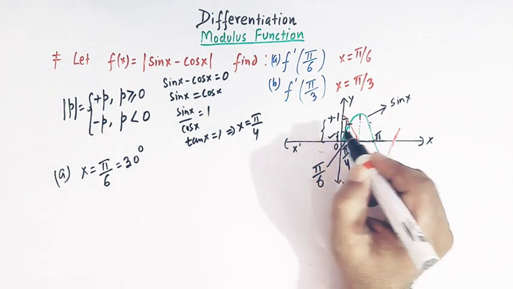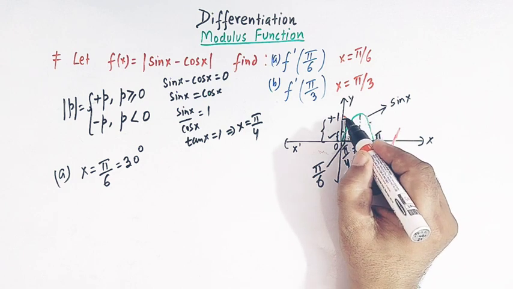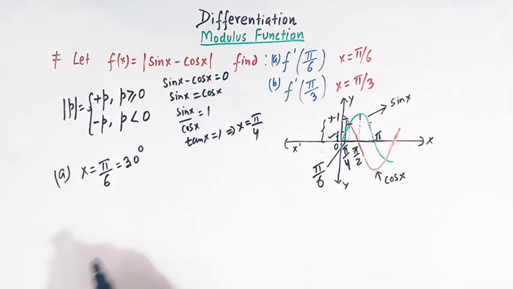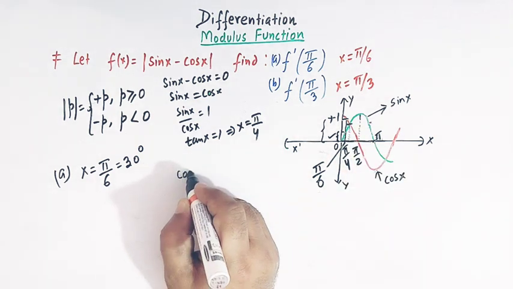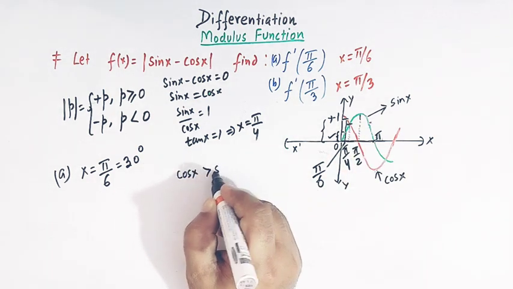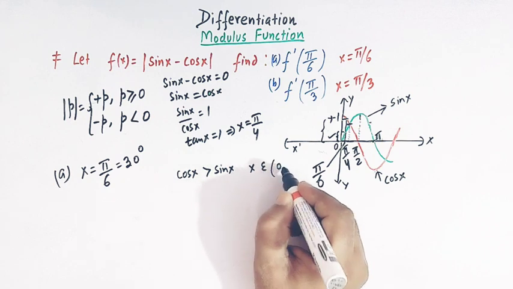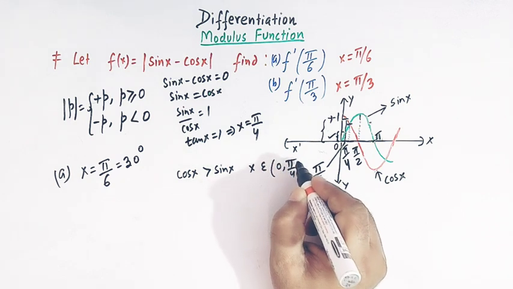So this value is representing the value of cosine x, right? So cos x is greater than sine x when x belongs to the interval 0 to pi by 4, right?